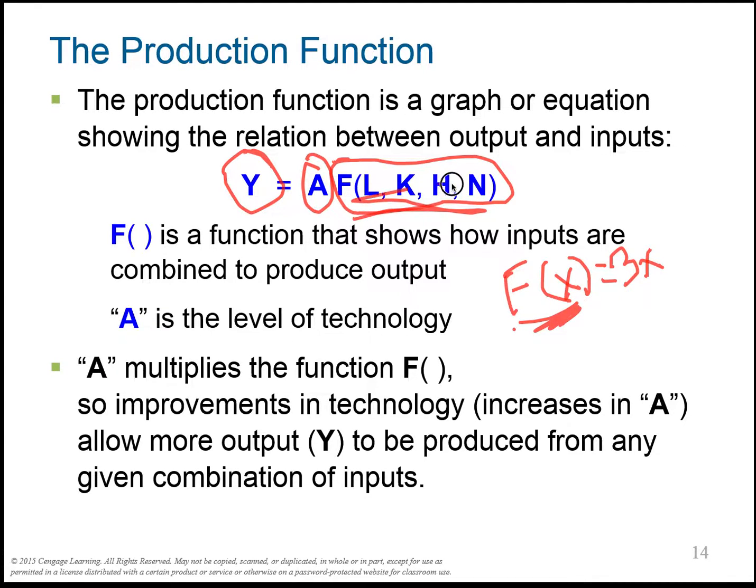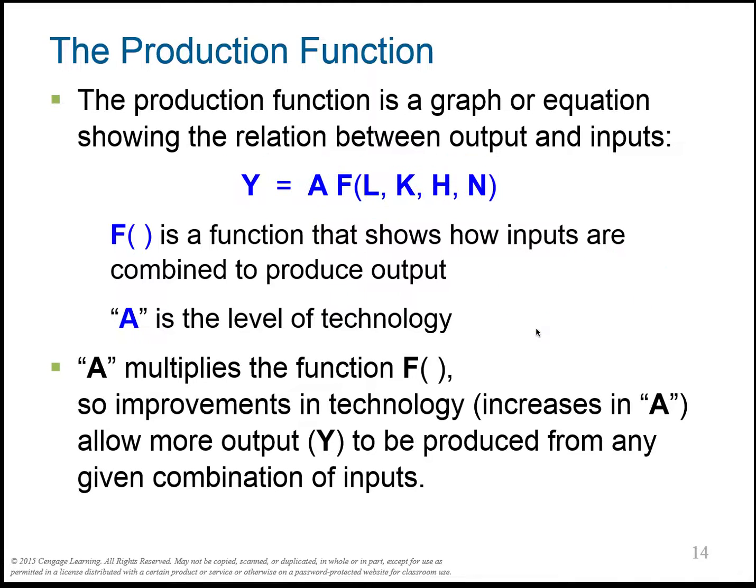The reason is that we don't actually know this side, it's too complicated for the economy as a whole. We just know that there is some function, and that it takes as inputs L, K, H, and N. Another way that I sometimes think about it is there's this factory, right? It's right here, and there's a little smoke coming out of the top, and in is coming L, right? You can see that K is going in.